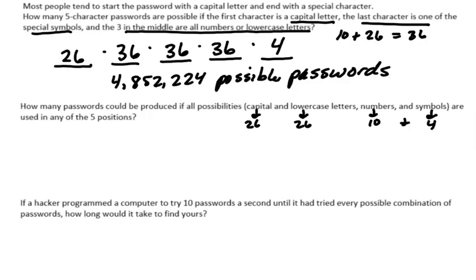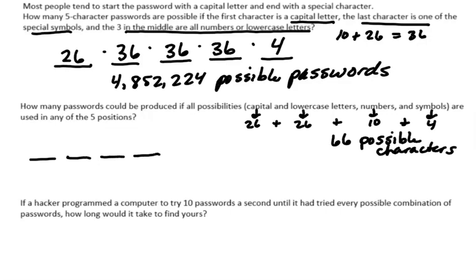If I add those together, that is 66 possible characters. And I'm going to make a 5-digit password, and there would be 66 different possibilities for each of those spaces.